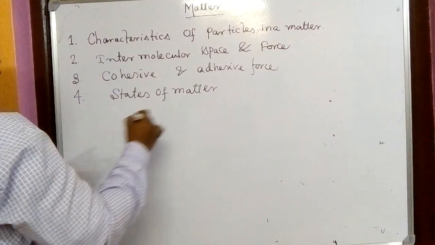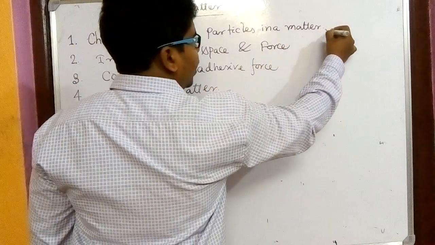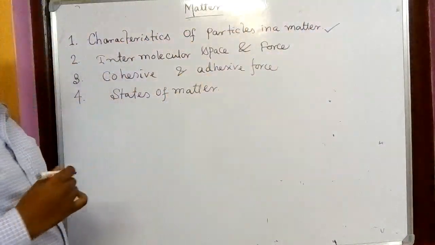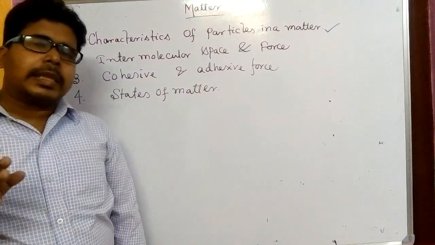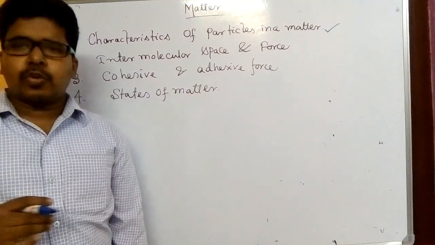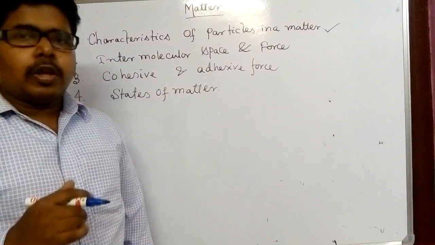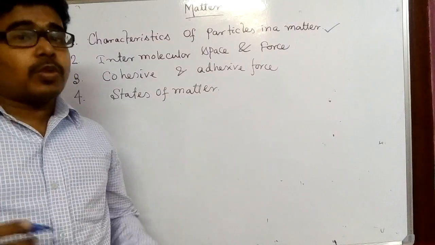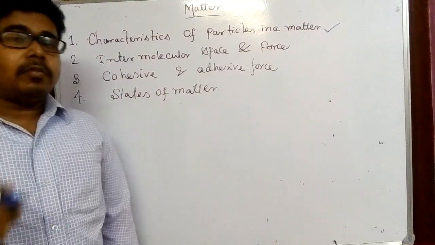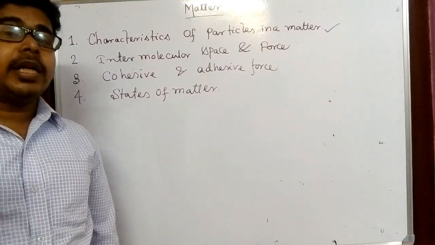First thing we have learned: the characteristics of particles in a matter. We have seen there are four characteristics. First one, the particles are very much tiny in size. Number two, the particles are having space between them. Number three, the particles are having a random motion.